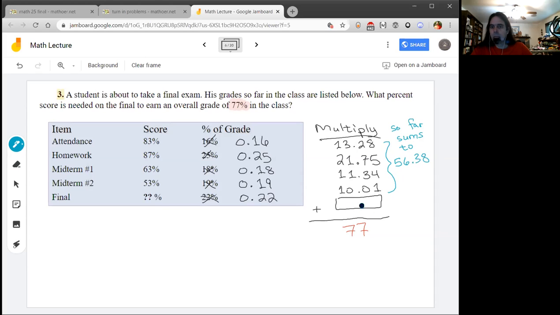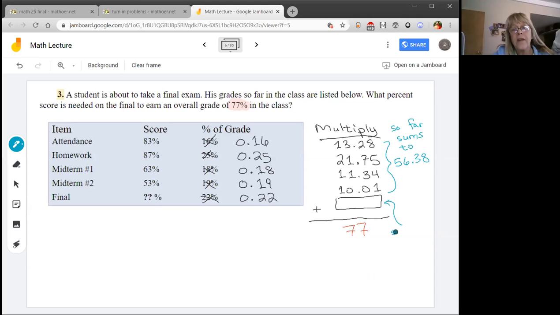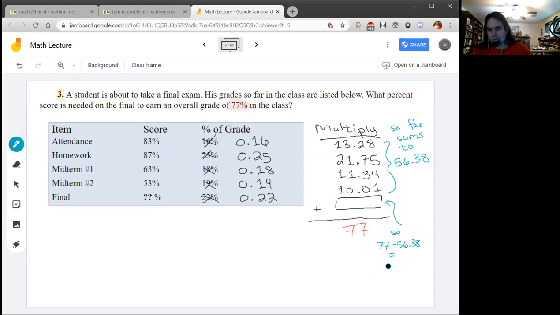So how do I know what number goes in there? The whole thing adds up to 77, so subtract all of those from 77. And I get 20.62.